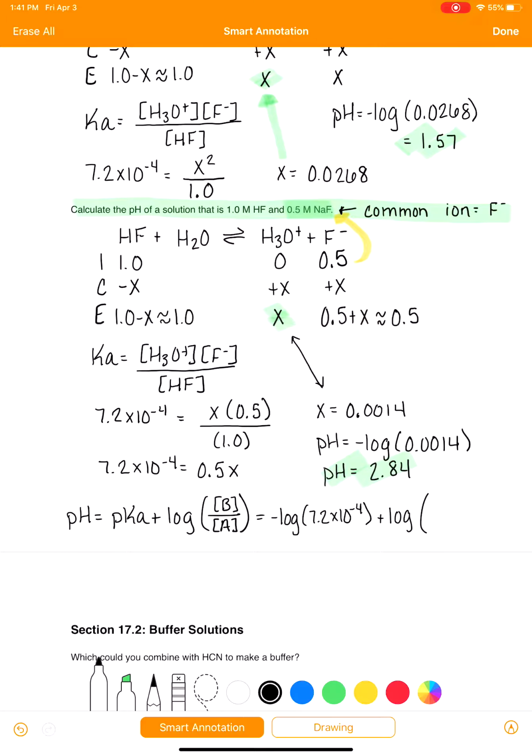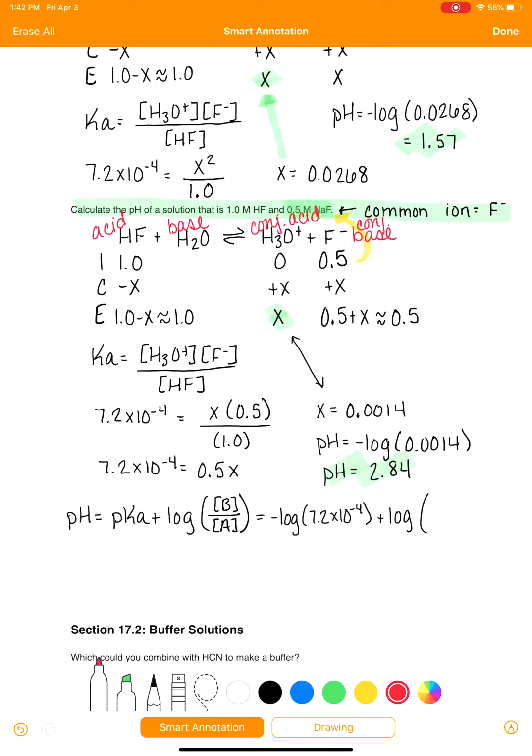What's our base? Let's go back up to our balanced equation. HF is our acid, and that means water is our base. H3O plus is our conjugate acid. F minus is our conjugate base.